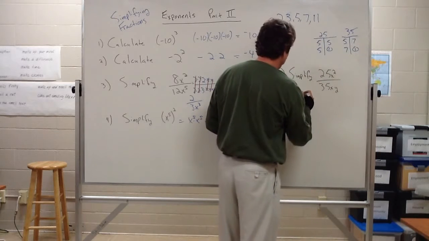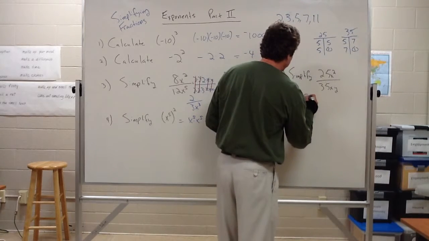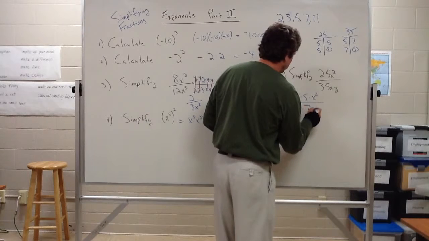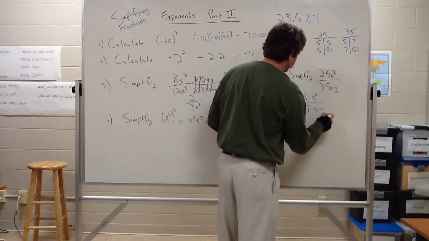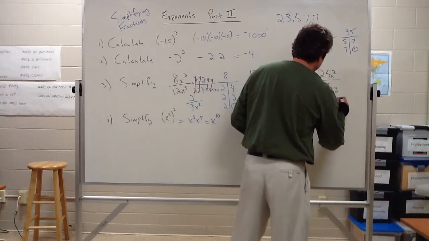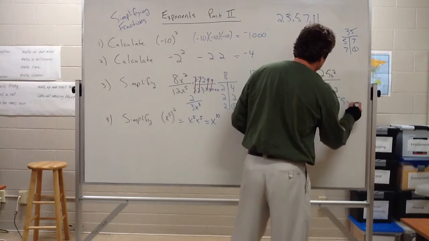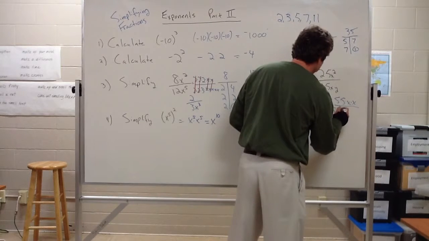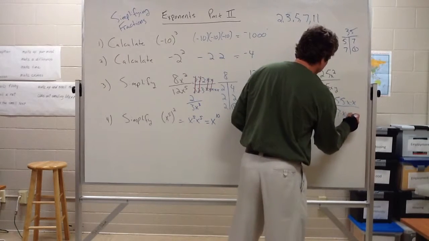So I can change this to 5 times 5 times x squared. And on the bottom I have 5 times 7 times x times y. If I need to, we can change this to 5 times 5 times x times x over 5 times 7 times x times y.